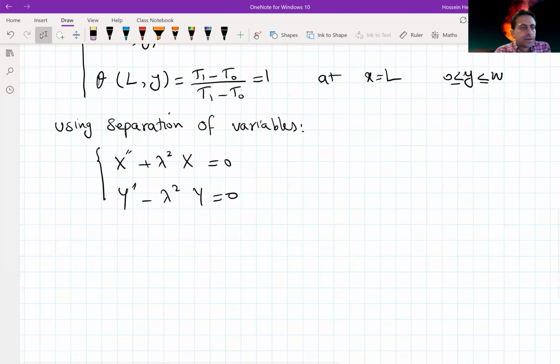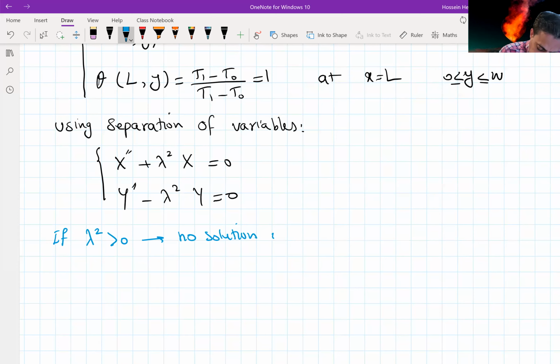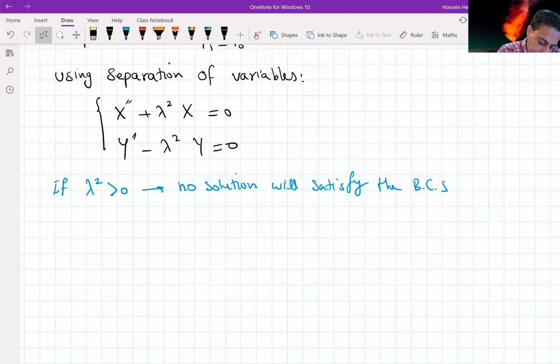Now, lambda square could be negative or positive. If we choose lambda square positive, we get no solution that will satisfy the boundary conditions that we have, the 4 boundary conditions that we listed. So we go for lambda square less than 0.